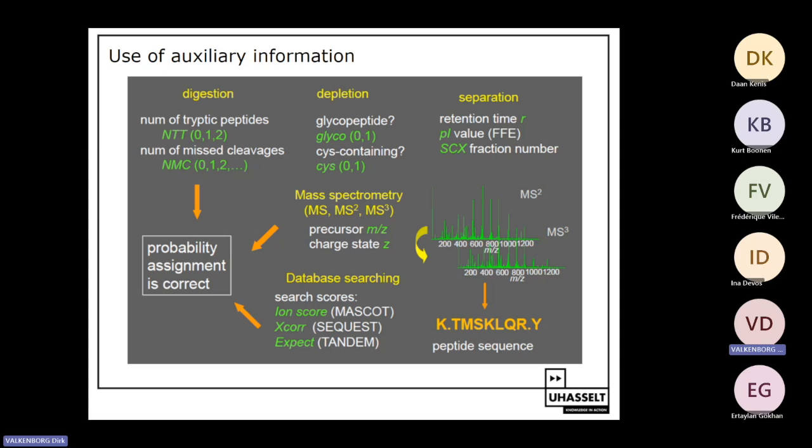By this, you can already see that it's a very lossy technique, and that's why we sometimes call this shotgun proteomics. We want to identify proteins, and we try to measure as many peptides related to that protein as possible, in the hope that at least a few of these peptides of that protein are identifiable by mass spectrometry.